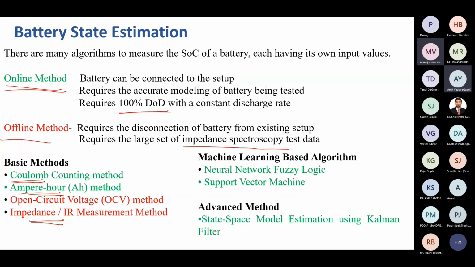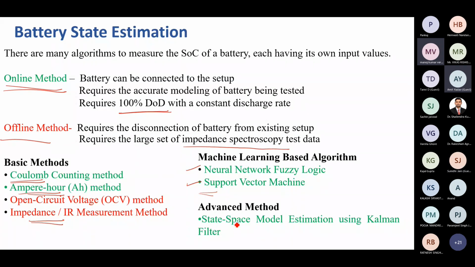Apart from that, the recent methodologies use machine learning based algorithms, with neural networks and support vector machines, and also the Kalman filtering method and predictive control methods. These methods are adopted for giving accuracy, with a value very near to the true value.